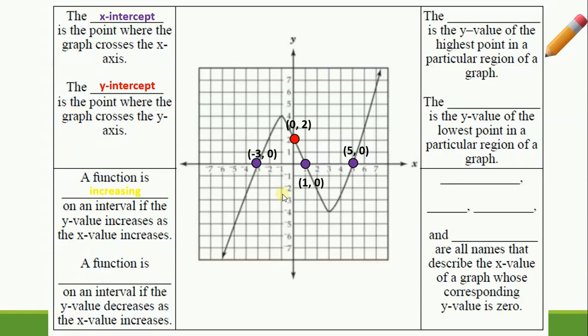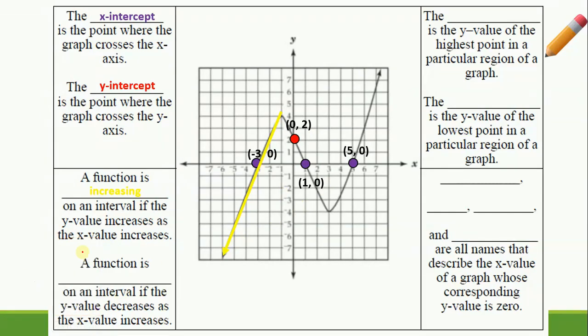Increasing graphs. So where are you increasing? AKA from left to right, where does it look like the graph is climbing or going up? Right here on the graph, I have it shaded in yellow. That's where I am increasing. Notice it looks like it's going up.